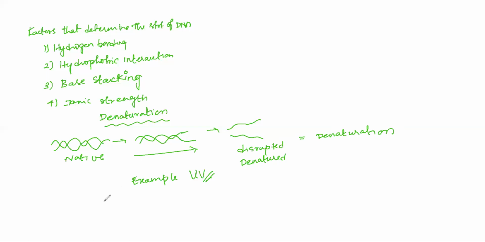The more ordered the structure, the less UV light it will absorb at 260, whereas this structure will show an increase in absorption, and here it will have more absorption. So the more ordered the structure is, the less light is absorbed.